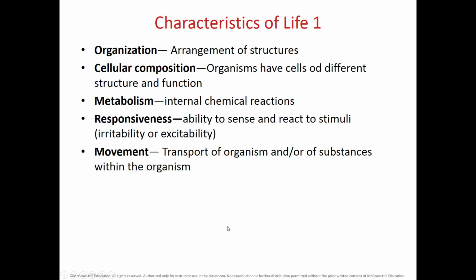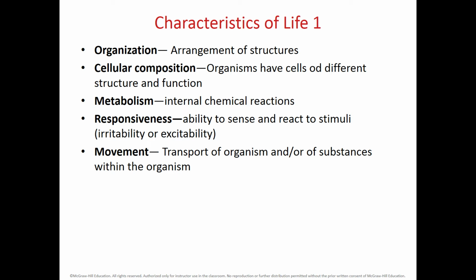Now, some of the characteristics of human beings as being alive is that they have a specific organization or arrangement of structures that sometimes is more complex than non-living creatures or organisms. Now, the cellular composition is another characteristic of life in which organisms have cells of different structure and function that you cannot find anywhere else.